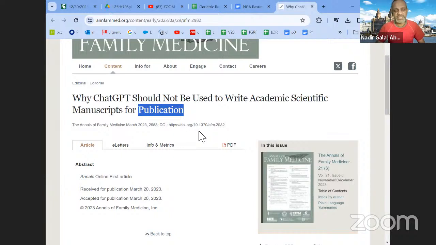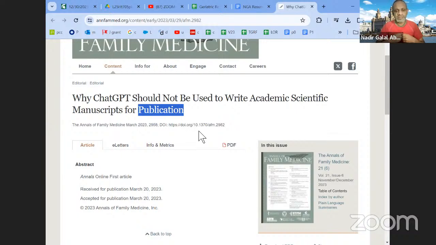We can use it to help, especially authors who are coming from other countries or whose first language is not English, or to improve their layout or presentation, as this could be a little bit tricky because writing is an art.